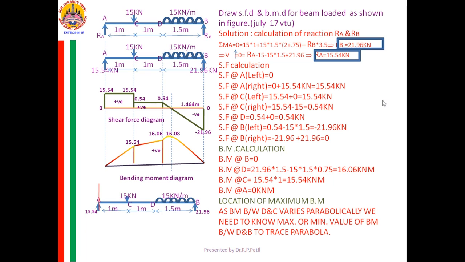Bending moment at B is 0 and bending moment at D is 16.06. So I have drawn there 16.06 and 0.